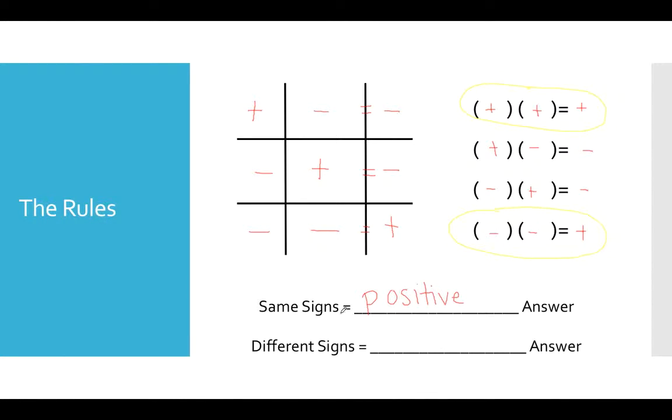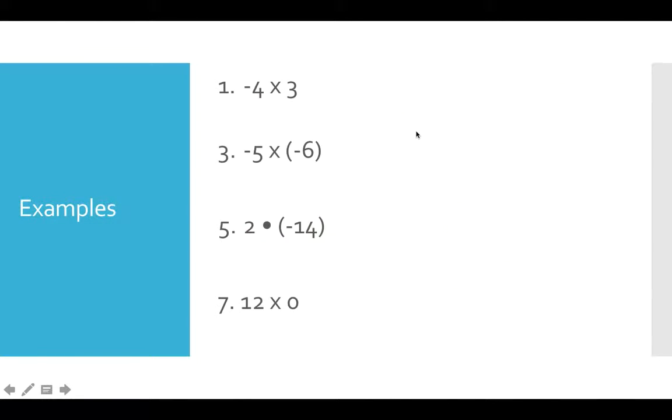Then if you look when our signs are different, a positive times a negative and a negative times a positive, we got negative products or answers. Now the tic-tac-toe board can just kind of help us remember these rules, and you'll kind of get used to them over time. So let's take a look at some examples.